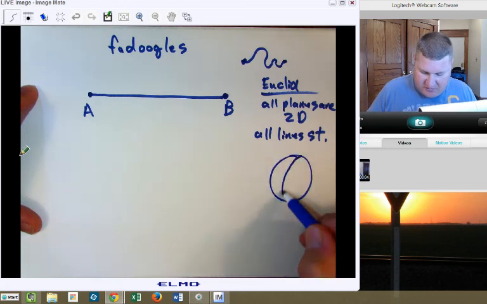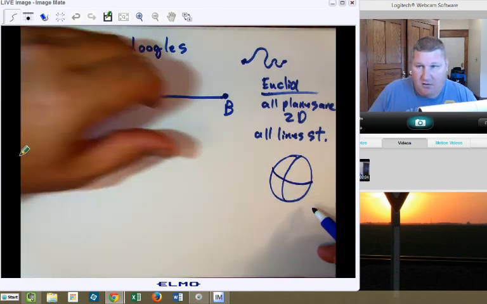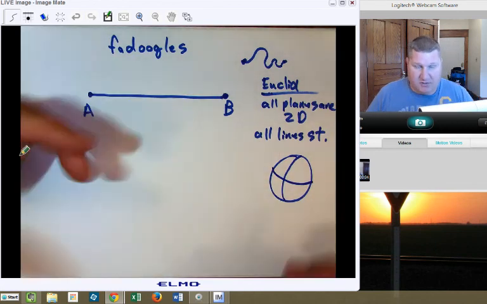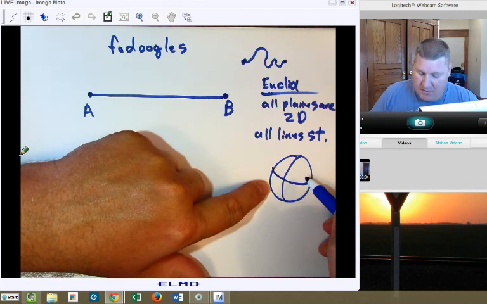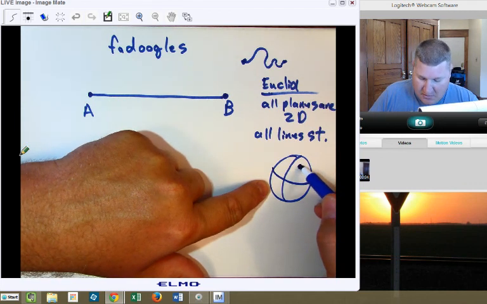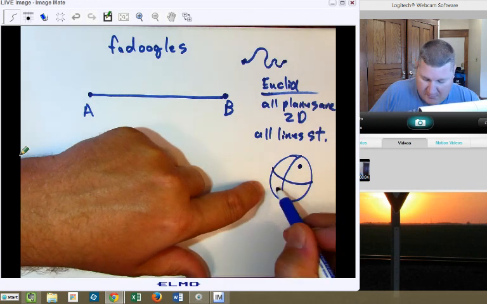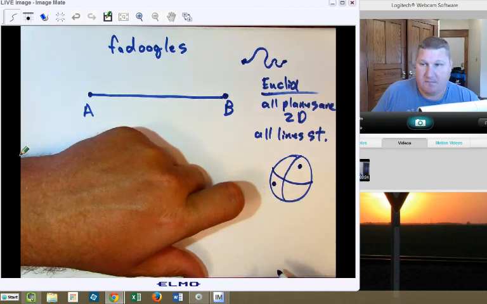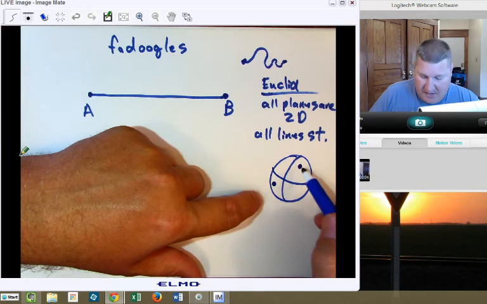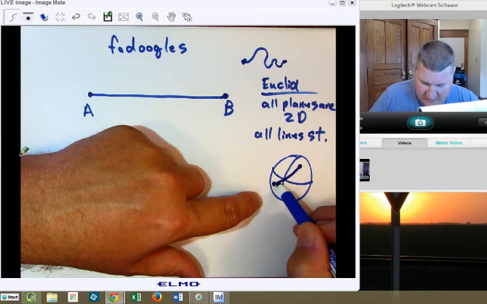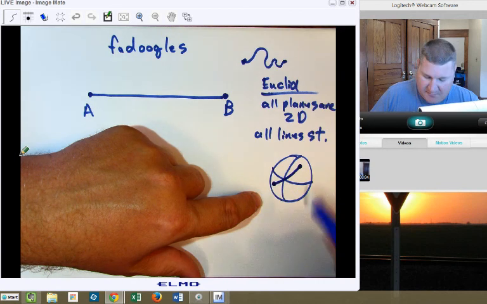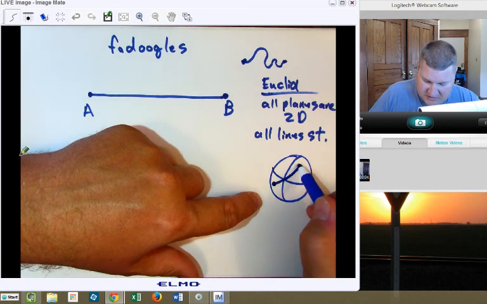In non-Euclidean geometry, of course, non-Euclidean means a type of geometry that is not what Euclid put together. If you have a ball, like a tennis ball or a basketball, a point here on the basketball and a point over here are connected by a line, but that line has to go around the shape.